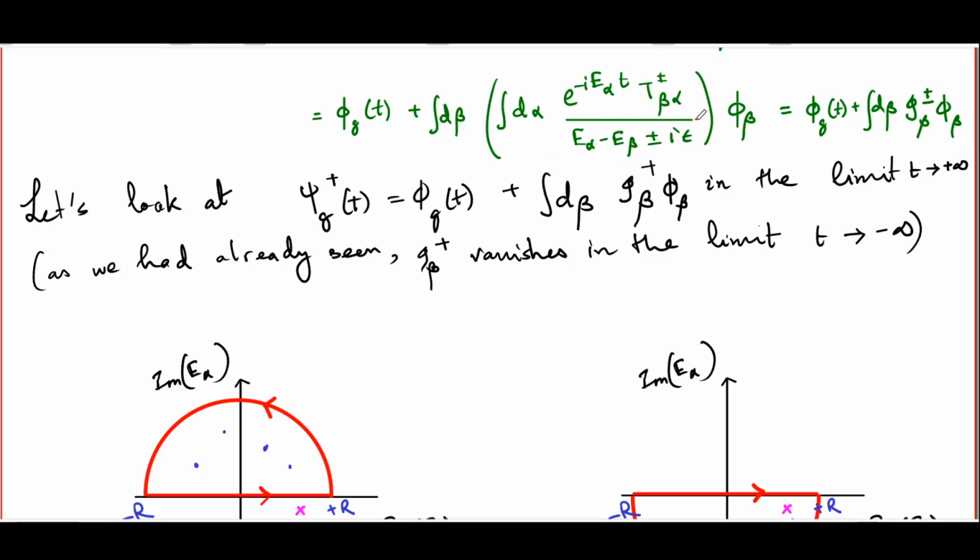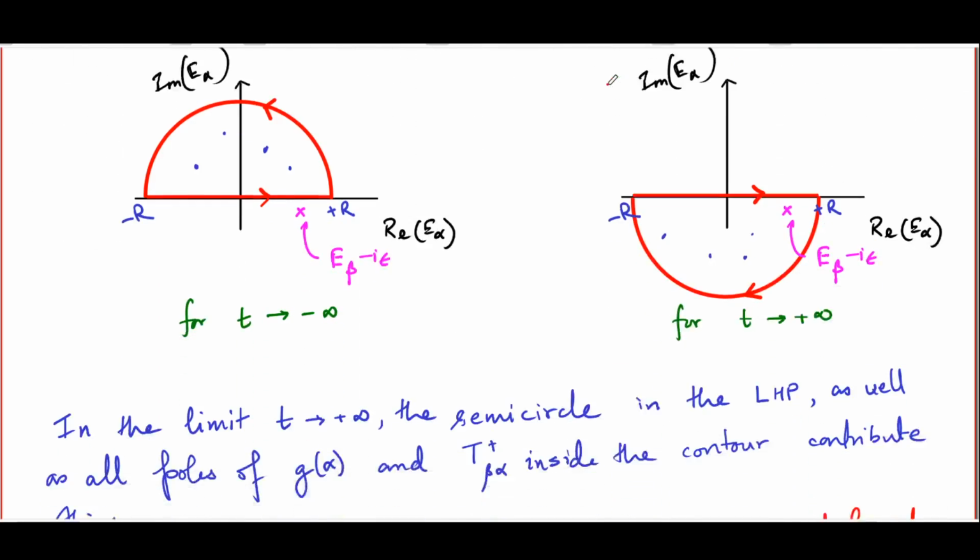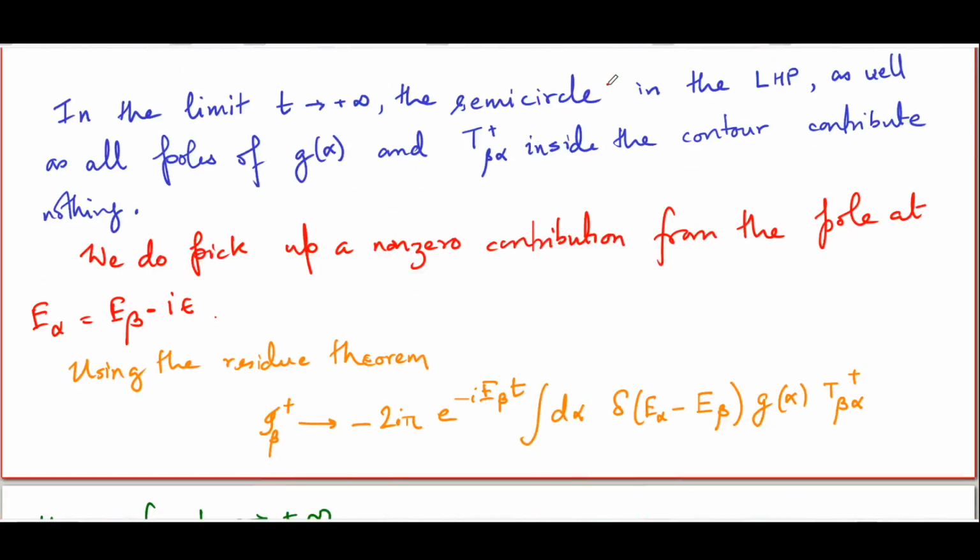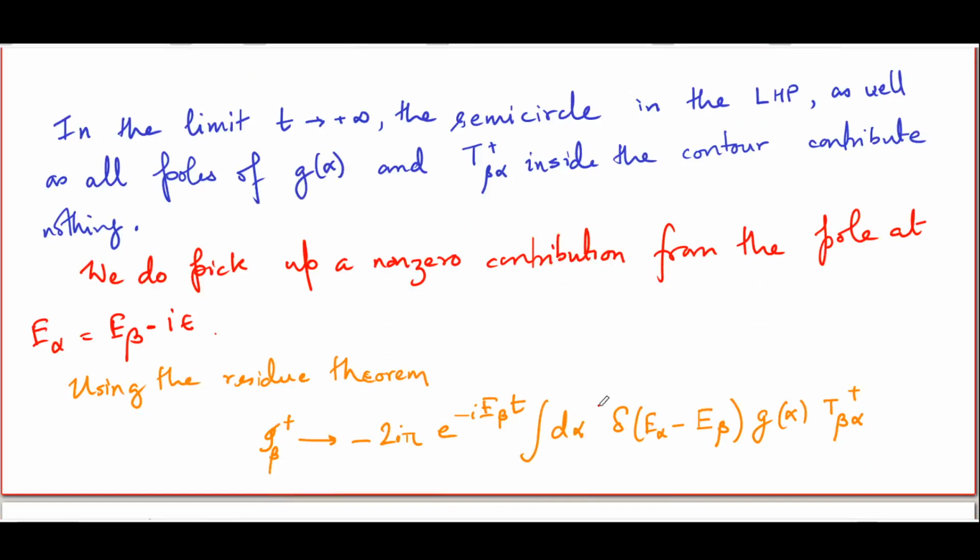This particular part will go away. That's basically how you calculate the residue for a simple pole. You multiply by this denominator and replace everything else here, every E alpha here, by E beta minus I epsilon. And this is what the final result becomes.